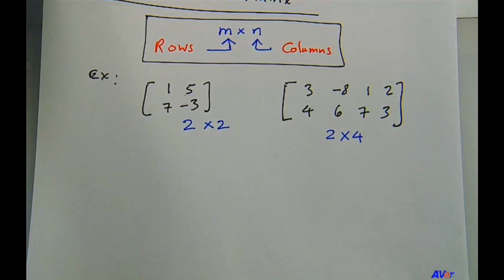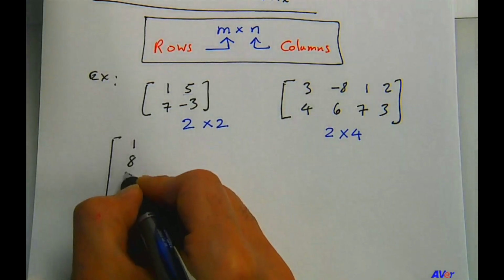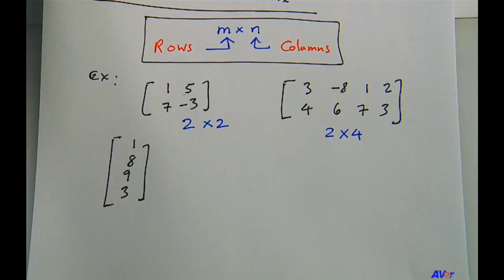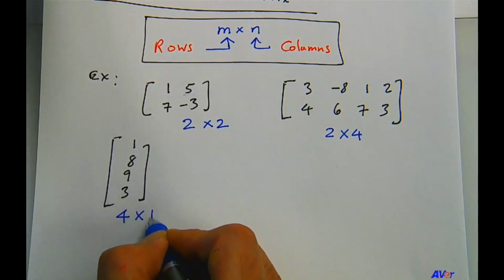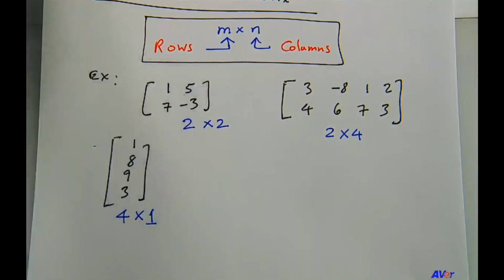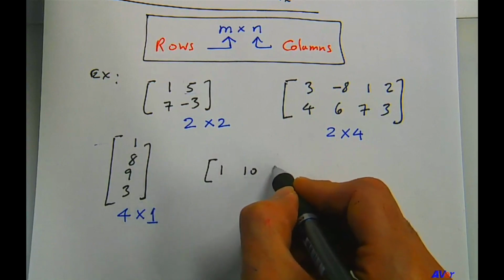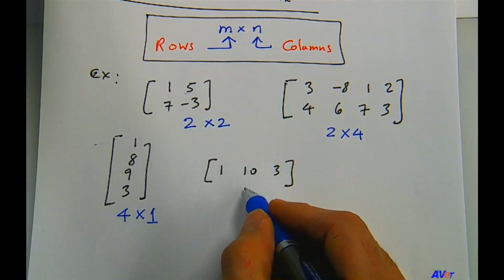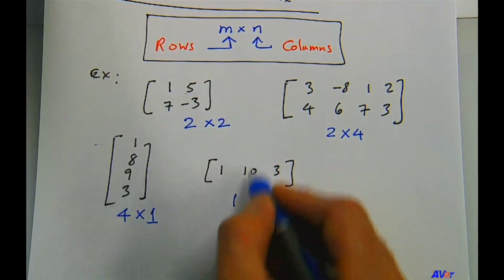If you have a matrix like this, this matrix has dimensions 4 by 1. 4 rows, 1, 2, 3, 4 rows, and 1 column. On the other side, if you have a matrix that is like that, the dimension of this matrix is 1 by 3, right? 1 row and 3 columns.